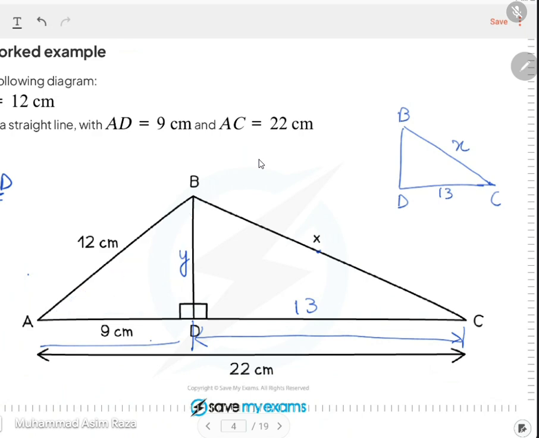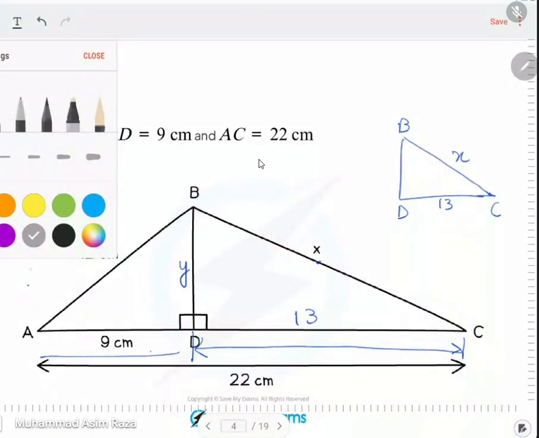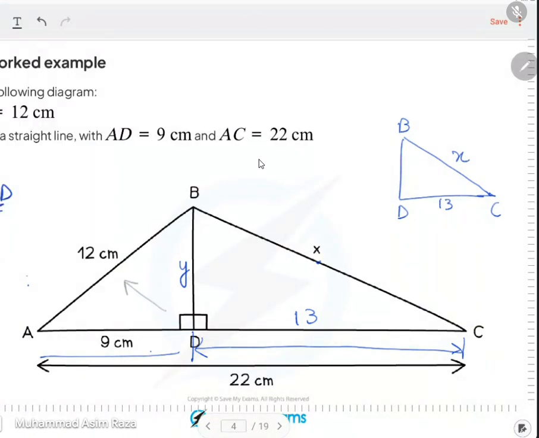For this triangle, we will say that this is the opposite side, which is hypotenuse. So 12 square is equal to opposite square, which is y. If theta is not specified, then you can take any length as adjacent and opposite.